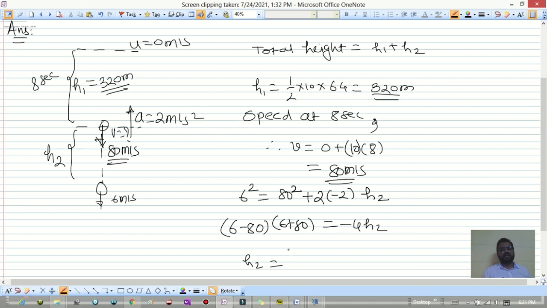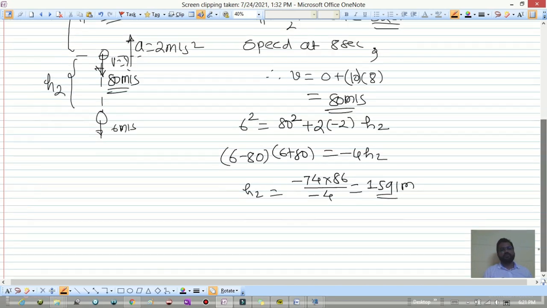So h2 is minus 74 into 86 divided by minus 4. If you just calculate this, it is 74 into 86 divided by 4, which is 1591.